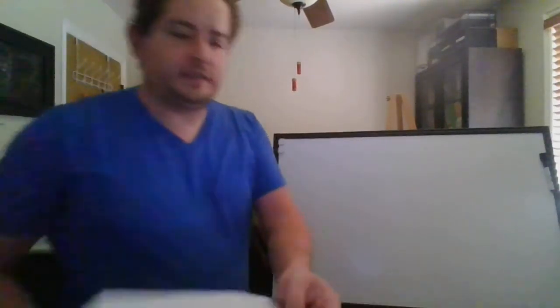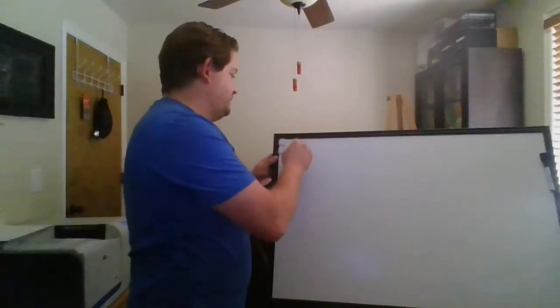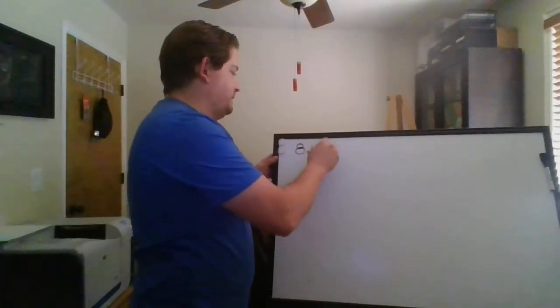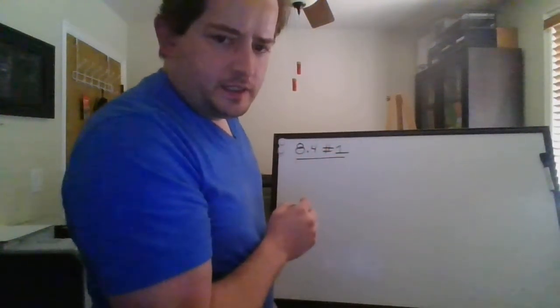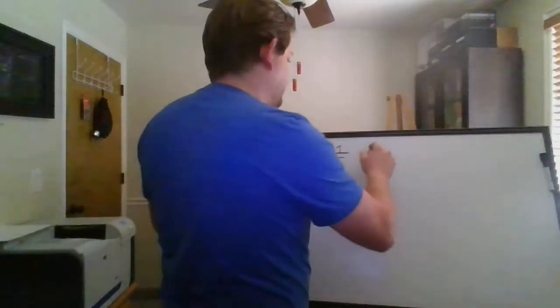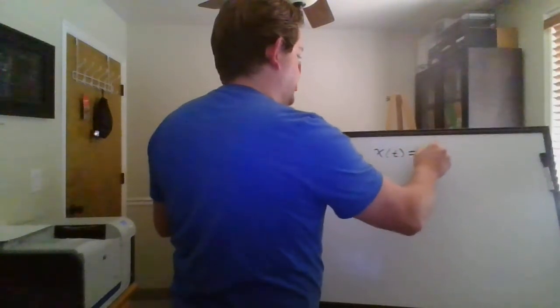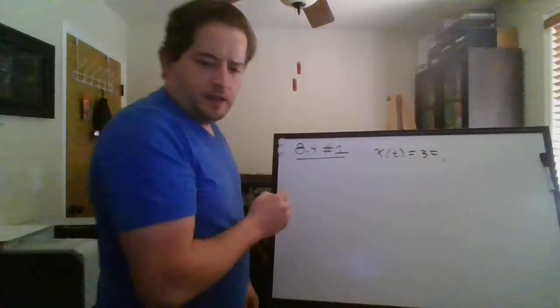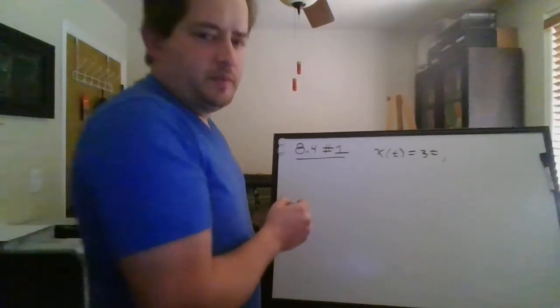It says it's a parametric equation, and it says that x of t is equal to 3t, and y of t is equal to t minus 1.